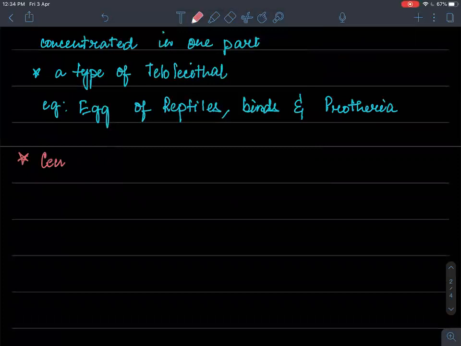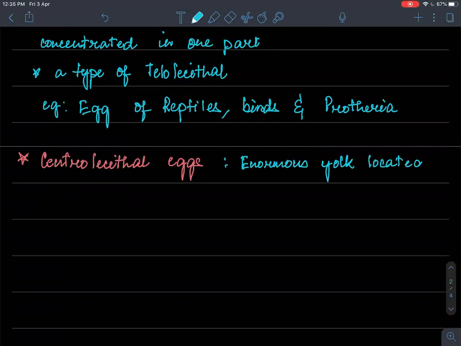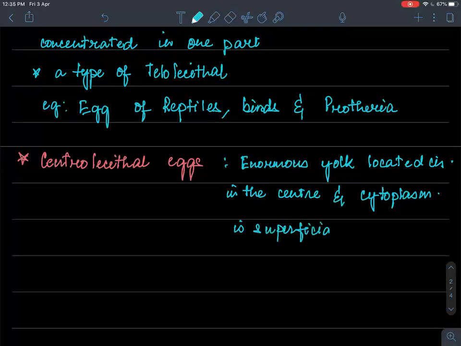Here we see that they have an enormous amount of yolk located in the center, and the cytoplasm is a superficial layer. Example is very, very important: insect eggs.